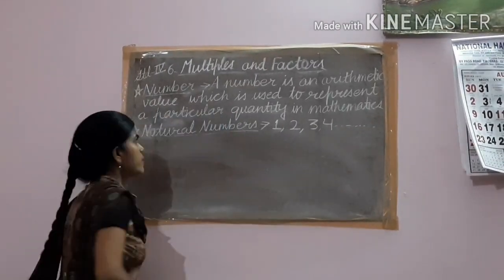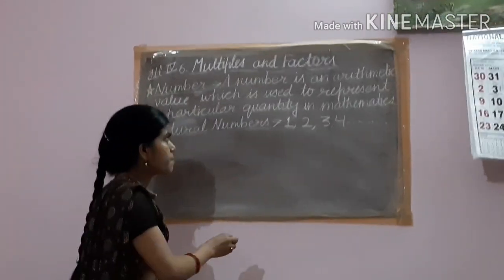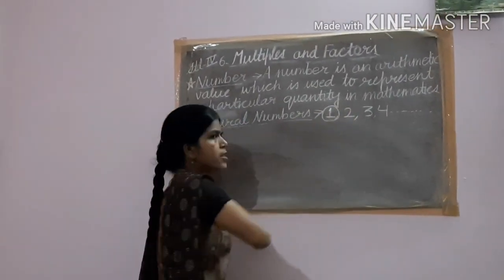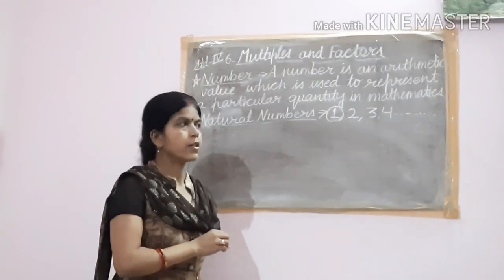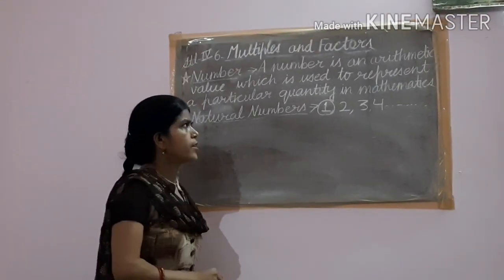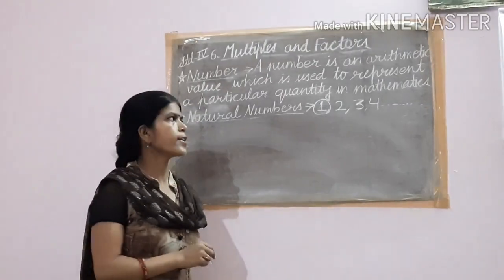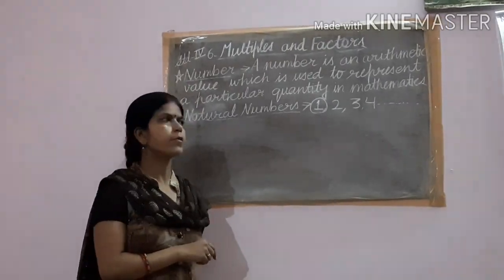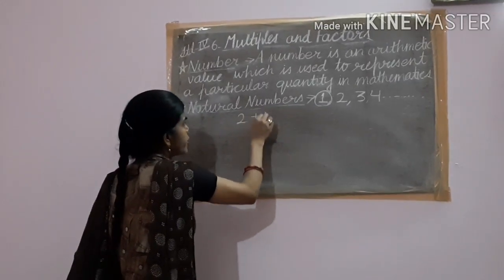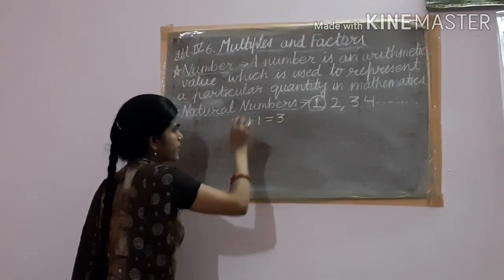These are called natural numbers. In this pattern, 1 is the smallest number, and how do we get the natural numbers? When you add 1 to a natural number, you get the next natural number in the sequence. Like if you add 1 to 2, you get the next number, 3.